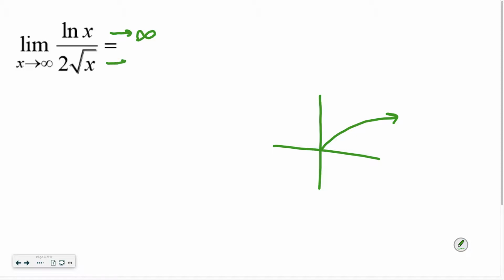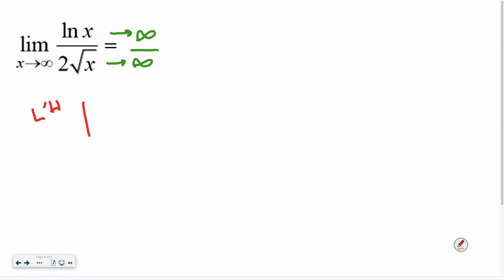It keeps going towards infinity, right? So we have infinity over infinity for our limit. We can't evaluate that. So, since this is one of the indeterminate forms, we can apply L'Hopital's rule. And when we apply L'Hopital's rule, we need to take the derivative of our numerator.